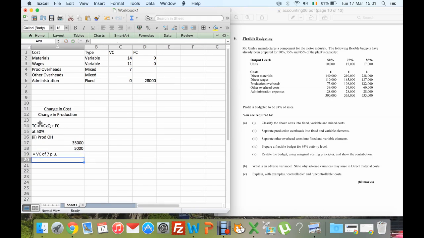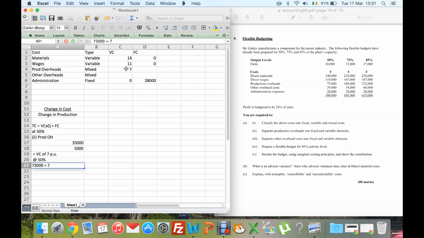So put it into the formula here to see what is left, what is the fixed cost. So I just choose a particular level of production. So at 50%, our total cost at 50% production overheads is 73,000, which equals the 7 per unit.